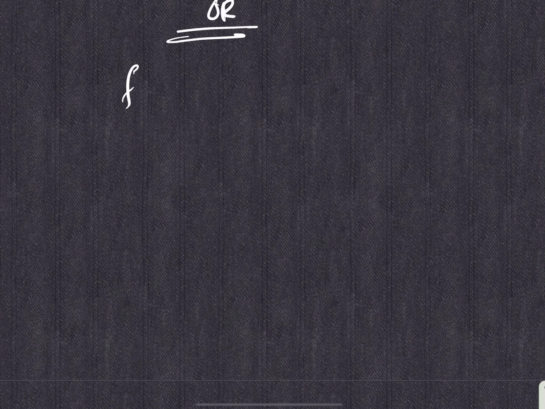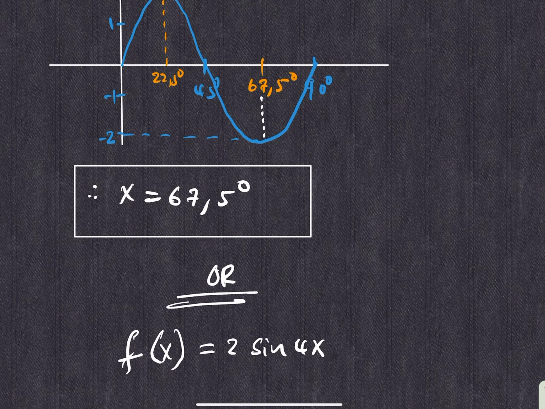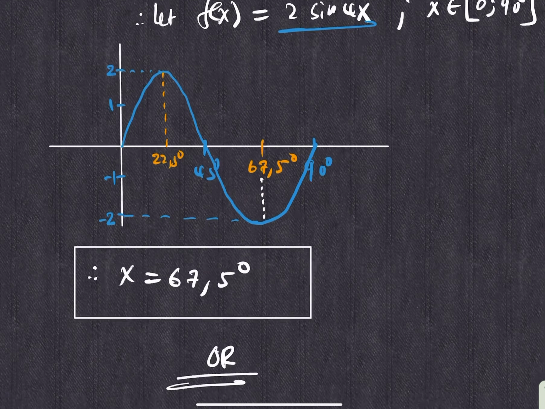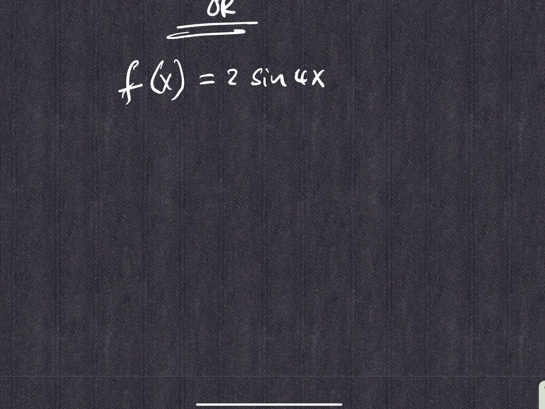And again, this is f of x is equal to 2 sine of 4x. Where is this graph going to have the minimum, the value of x? So for the minimum, you can use calculus again.